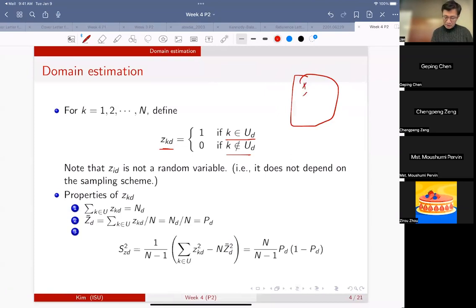Every element in the finite population has characteristics, such as z_k and y_k. They are fixed. We just don't observe all of them. So that is the basic setup. So this is not really a random variable.